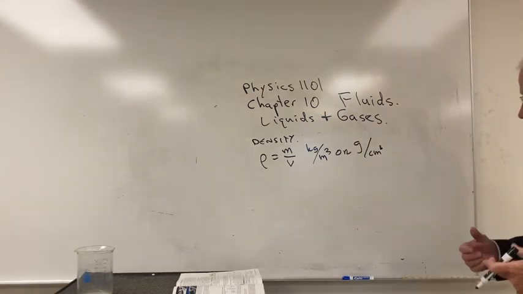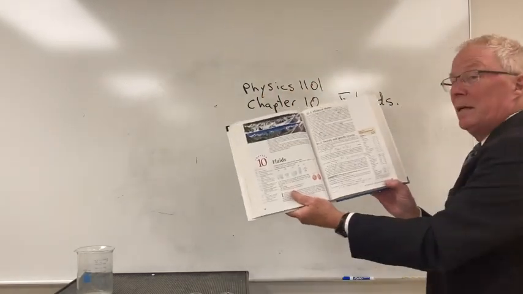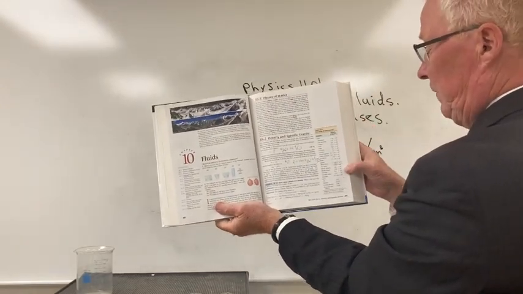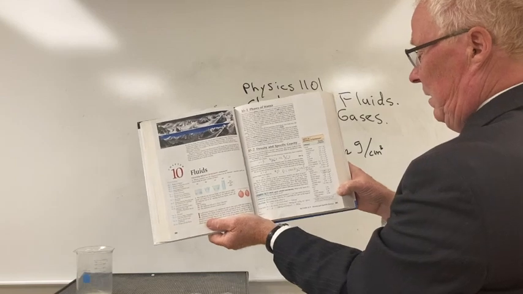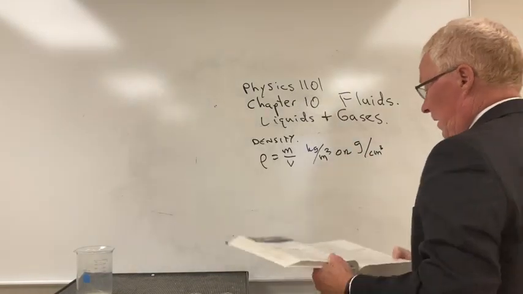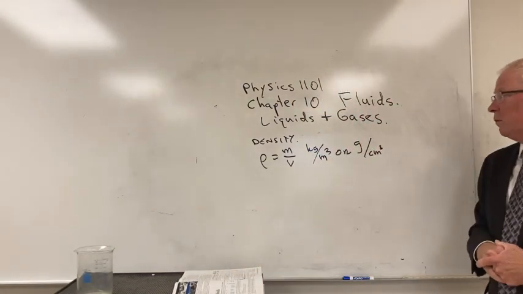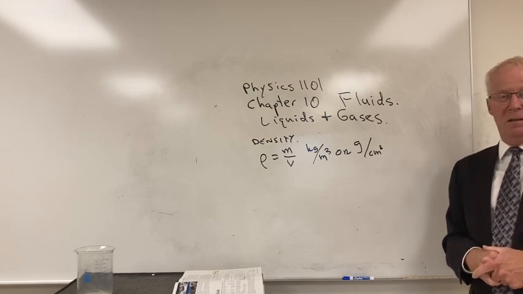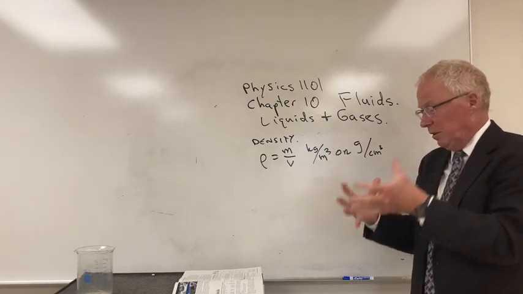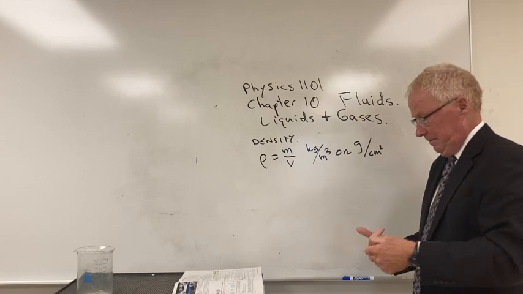So table 10.1 has some characteristics of different densities of liquids and gases. Solids, we have that too, but for this lab, we're pretty much going to be dealing with densities of liquids and gases primarily, but solids are generally the densest, followed by liquids, followed by gases.